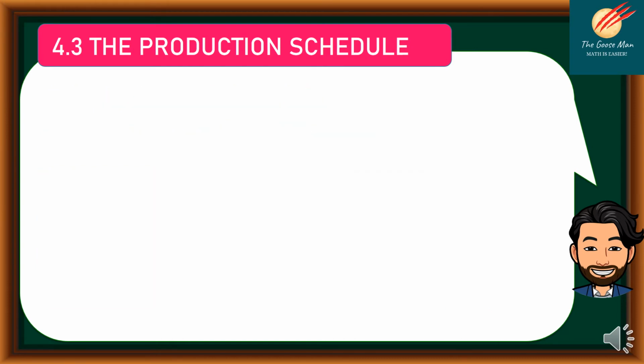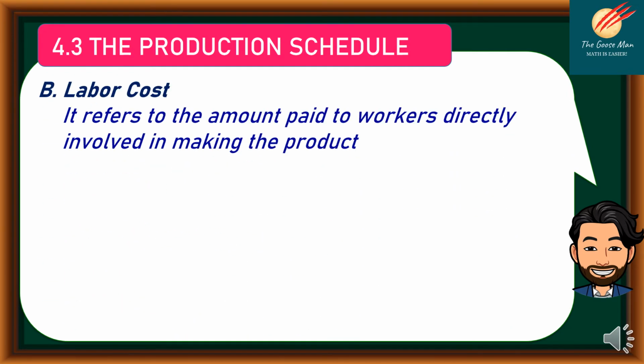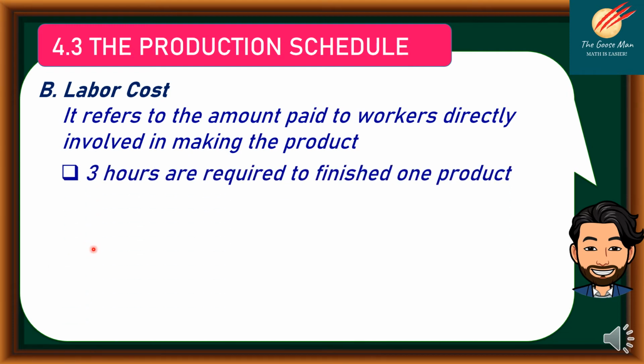Since we know already the total cost of materials, let's move on to the labor cost. If you say labor cost, it refers to the amount paid to workers directly involved in making the product. For example, 3 hours are required to finish one product.